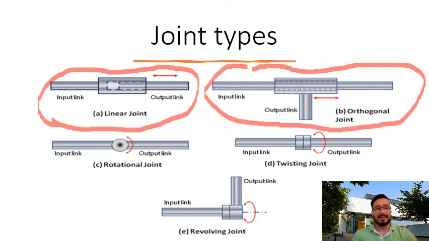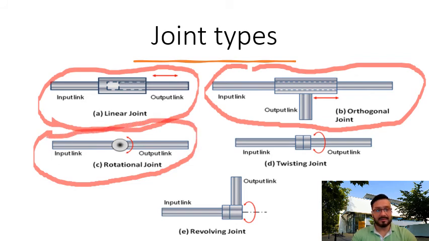Then the next type is the rotational joint, also called type capital R joint. This type provides rotational relative motion with the axis of rotation perpendicular to the axis of the input and output links. So here we can observe the rotational relative motion.